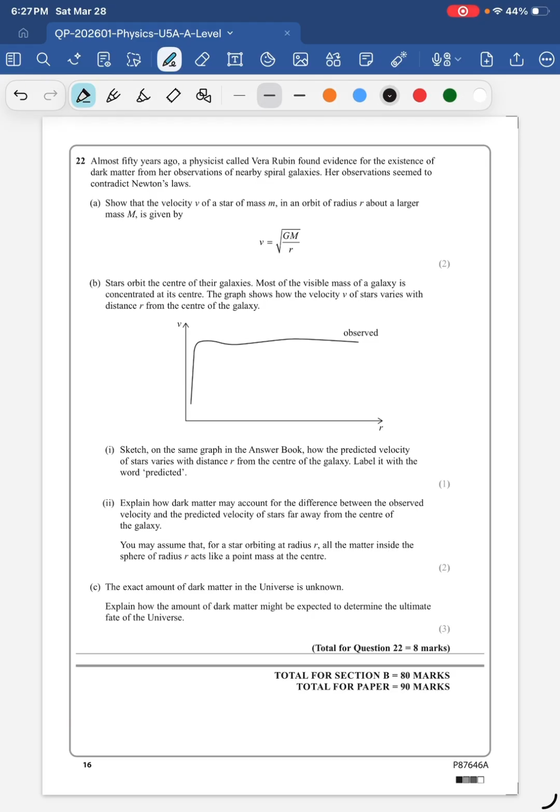Label it with the word predicted. So this velocity is going to be proportional to the square root of 1 over r. So for a really small distance, you're going to have a really large velocity. So it's going to look something like this. Okay, so this is the predicted.